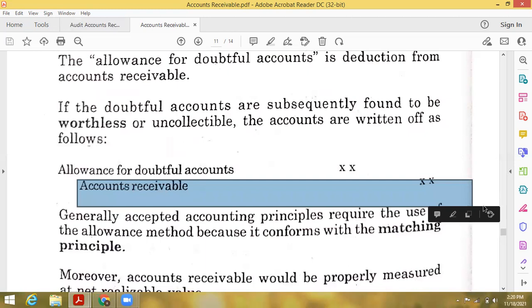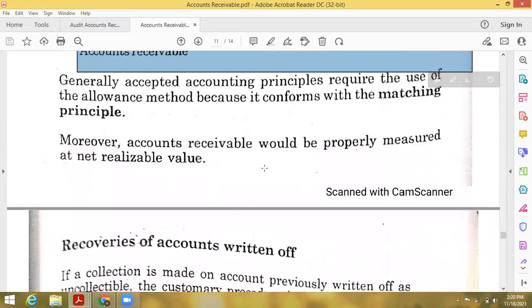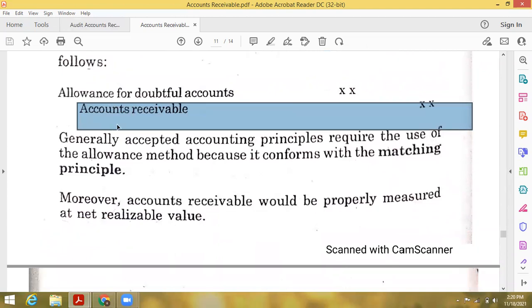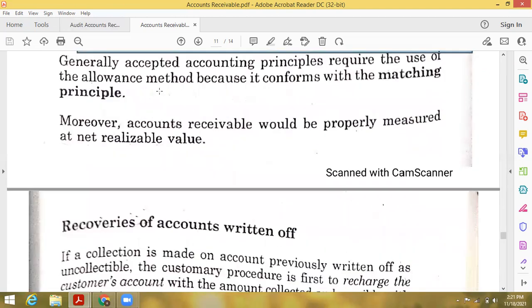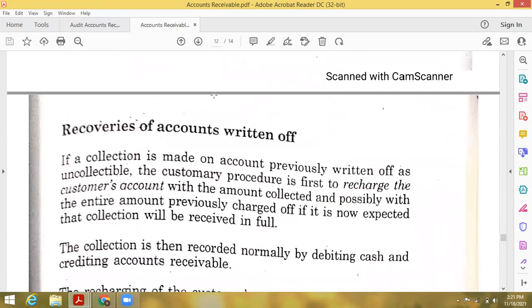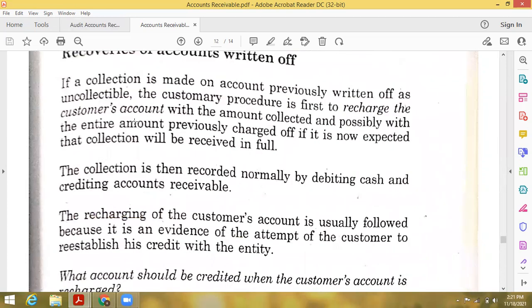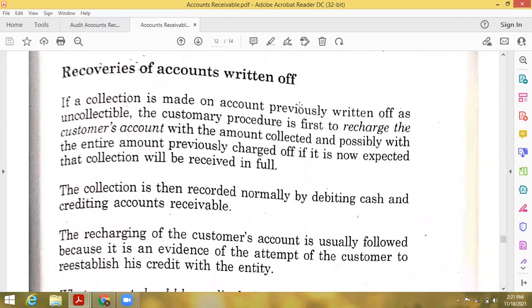Okay? So, pag ito naman, ang nangyari dito, na-determine natin, hindi na makakabayad. Pero anong nangyari, nakabayad. Pag nakabayad, ang gagawin na lang natin ay ibabalik muna natin yung receivables.